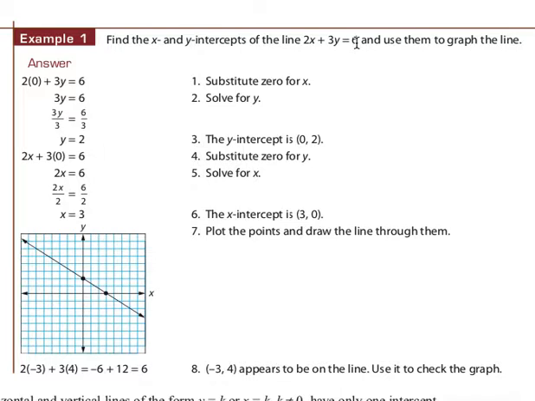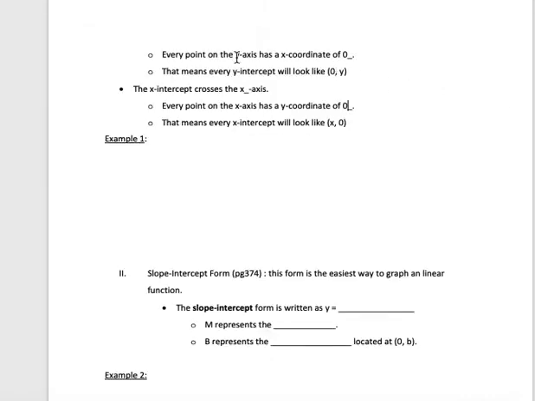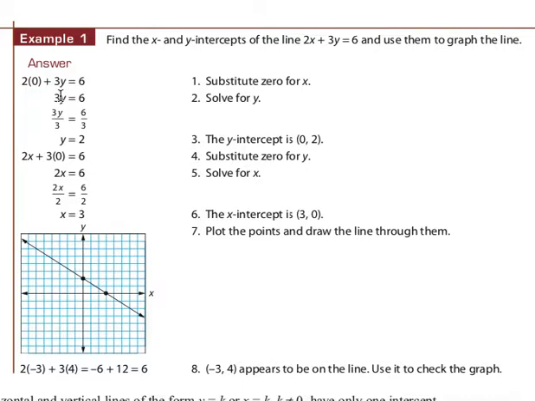In order to get the y-intercept, that means your x-coordinate has to be 0. So we're going to replace our x with 0 and then solve for y. That will give us our y-coordinate.